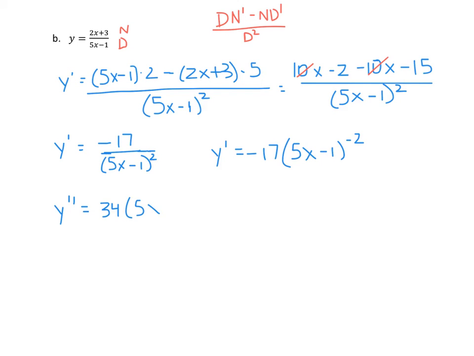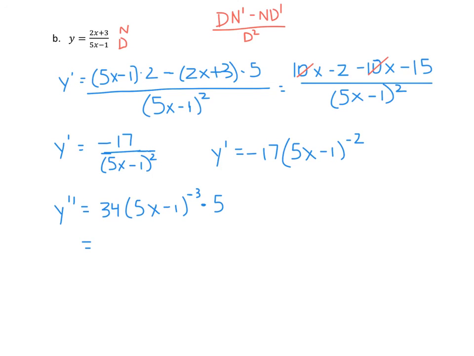Mentally blocking out what's inside the parentheses there. Subtracting 1 from the exponent gives us a negative 3. Now we need to multiply by what's inside the parentheses. So take the derivative of what's inside the parentheses, which is 5.